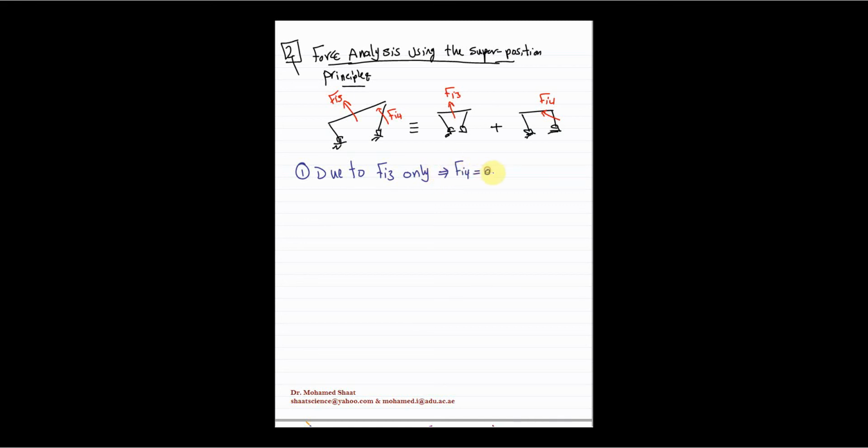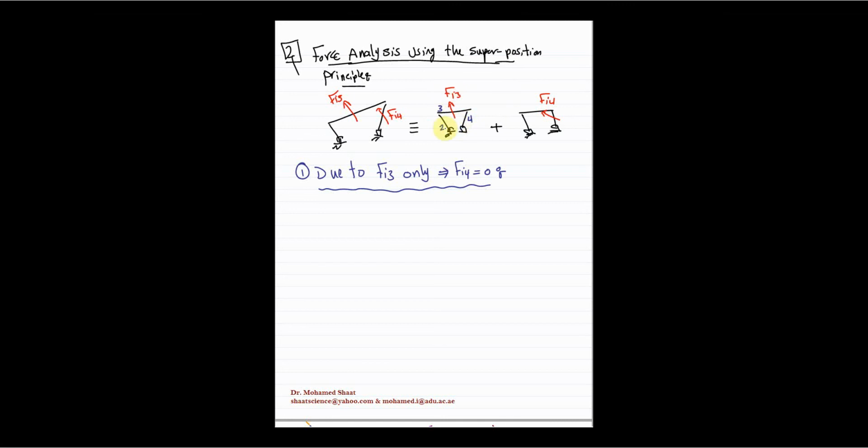We're just gonna consider the first case, and for this case, it means that the Fi4 we're just gonna assume is 0 initially. Then we're gonna do analysis for the entire mechanism, as if you're working on a separate problem. Then we're gonna repeat for the second case. Make sense? So we do have link 2, link 3, and link 4, right?